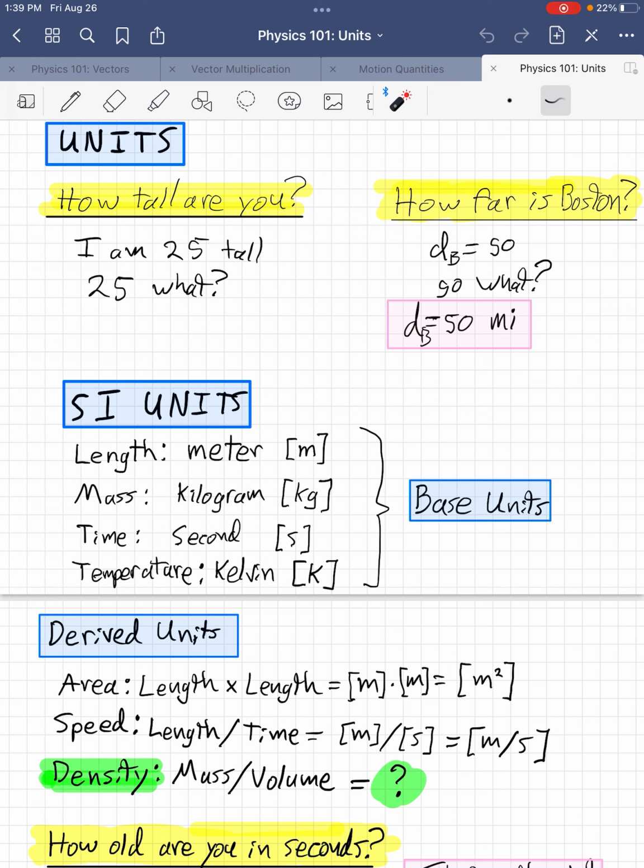All right, so we call these base units because we can use these units by themselves, right? We just have meters by itself, kilograms by itself, seconds by itself.